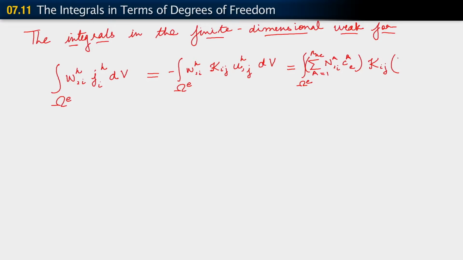Open another set of parentheses for a sum over B going from 1 to number of nodes in the element. Okay. NB comma J D A E dV, and we have a minus sign.